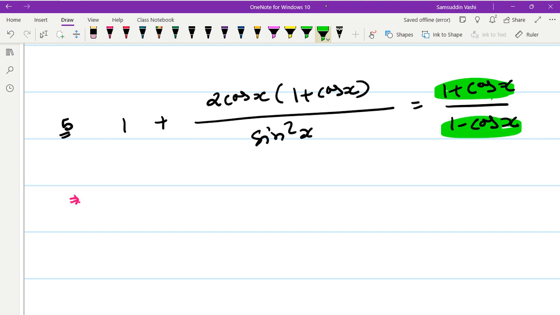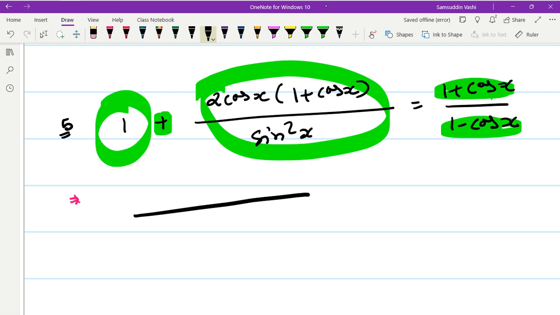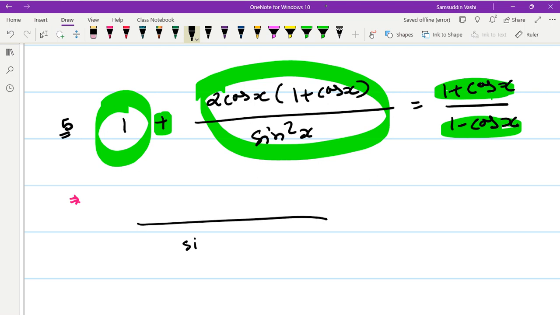Okay. So first of all, let's think like this. I have one fraction and I have another fraction. In between them, there is addition and subtraction. What must I do? What is my LCD? Right. It is sin squared x.